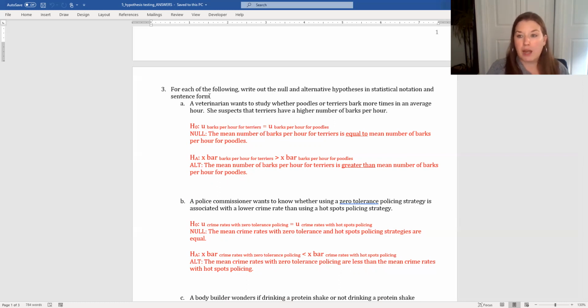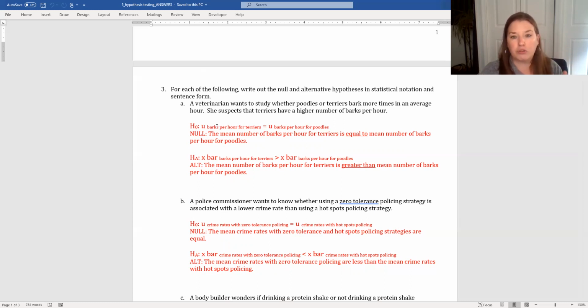So first step is to ask yourself, what's the dependent variable? Here we know that the barks per hour is the dependent variable, and the type of dog is the independent variable, right? We think type of dog influences number of barks. So we can always remember that we're comparing the mean on our dependent variable.